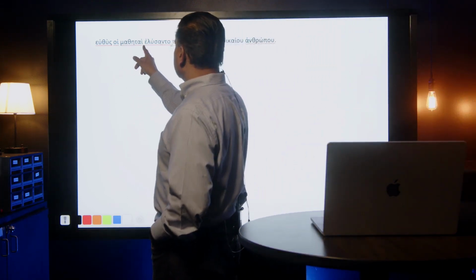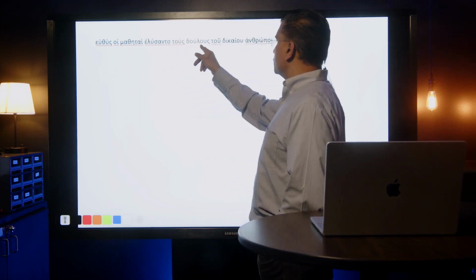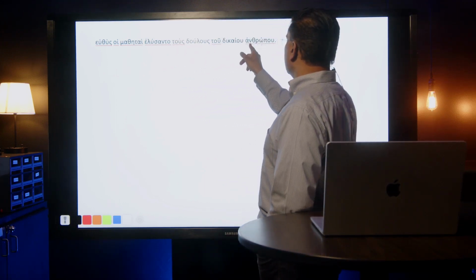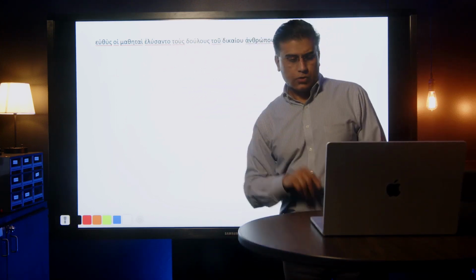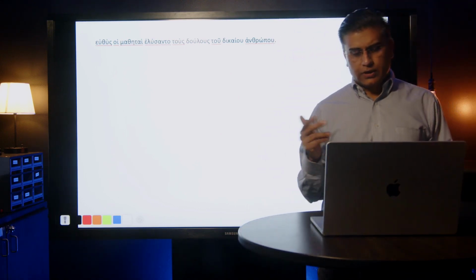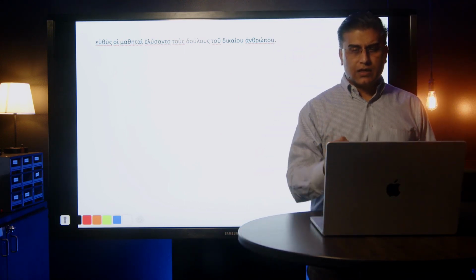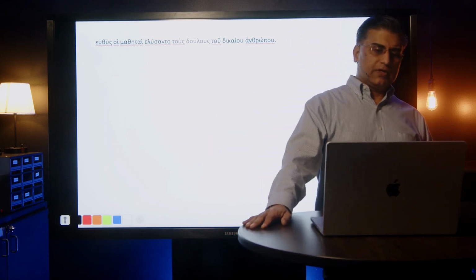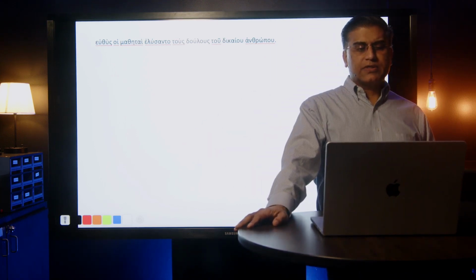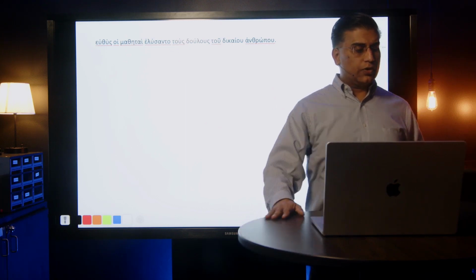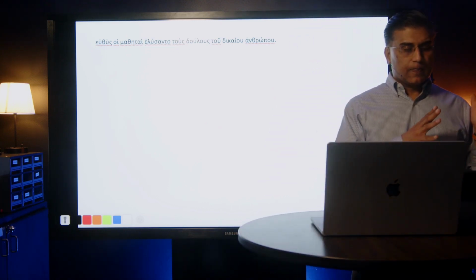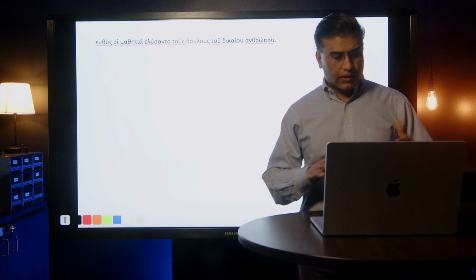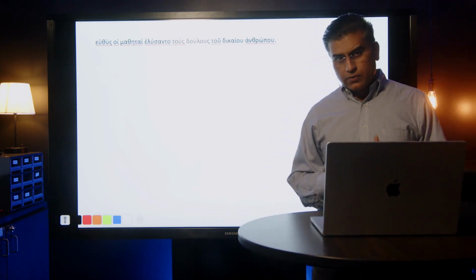Euthus hoi mathētai elusanto tous doulous tou dikaiou anthrōpou. So immediately, we know that's what euthus is. The disciples, hoi mathētai, plural, nominative there. The disciples, elusanto. So here we're dealing with this aorist, okay, third person plural.